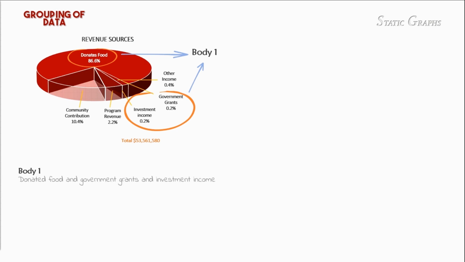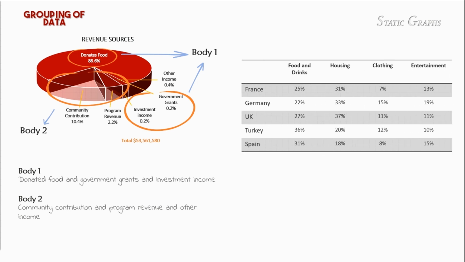In body 1, this will describe the donated food and government grants and investment income, as these are the highest and the lowest. Body 2 will be about community contribution and program revenue and other income, as these are the next figures.